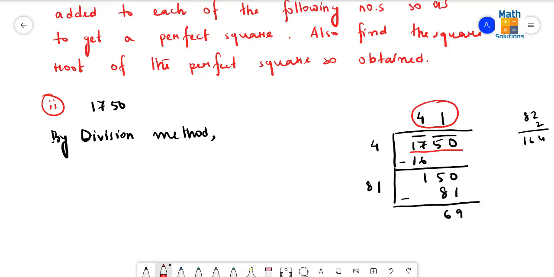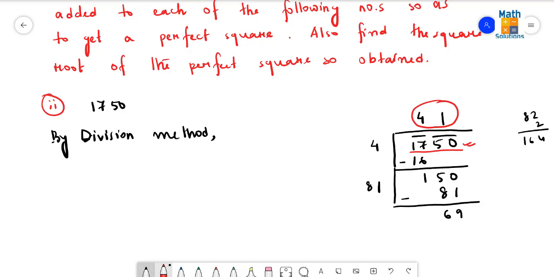Means the square of 41 is less than 1750 but not equal to this number. So we have to find out what number should be added to this number so as to get the minimum square number next to 1750.